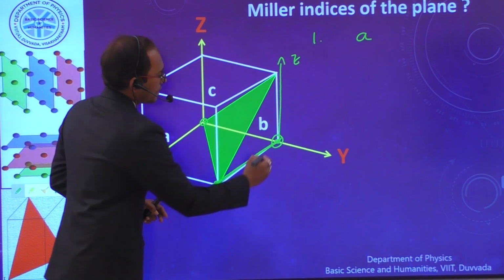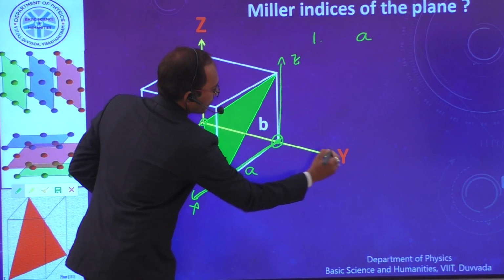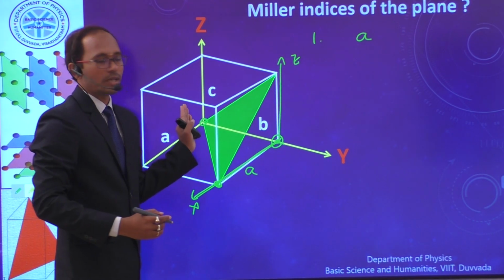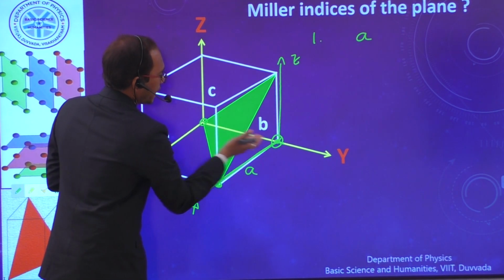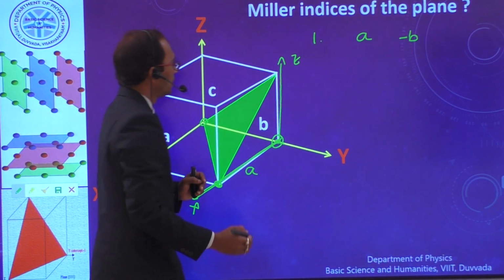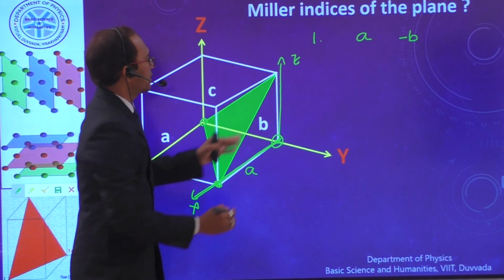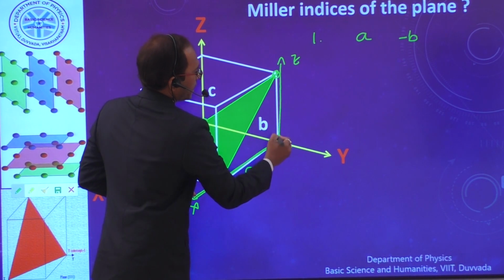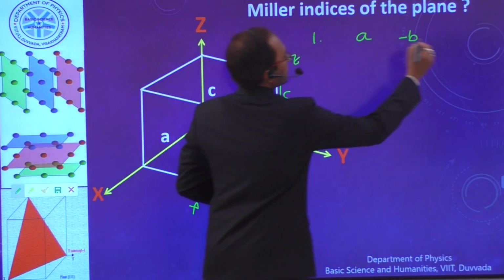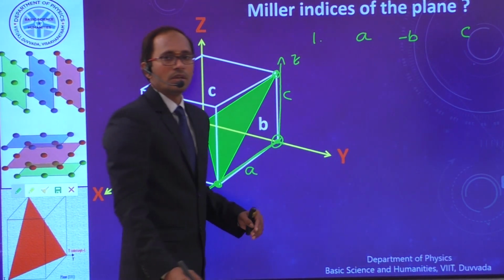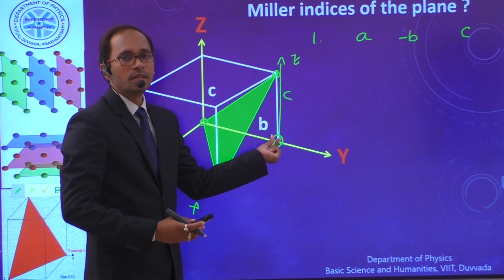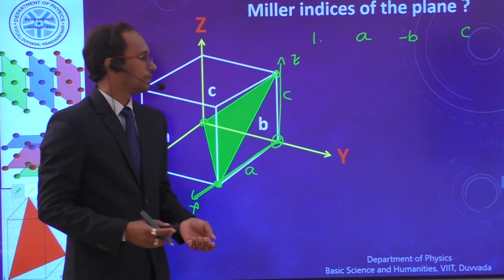Again y-axis, it is not touching on y-axis but it is touching in back side. That means in negative y direction it is touching. The length in negative direction is minus b. Similarly in z-axis it is touching on z-axis. The length is c, that means the intercept is c. You understand? We are just shifting our origin from here to here because it is symmetric everywhere.